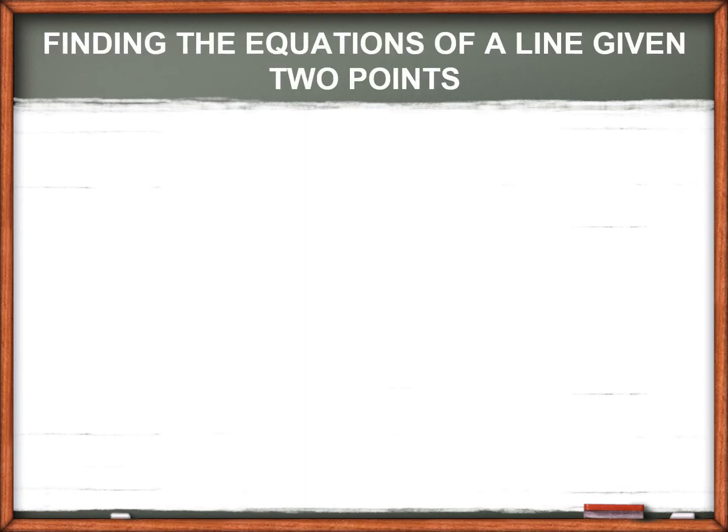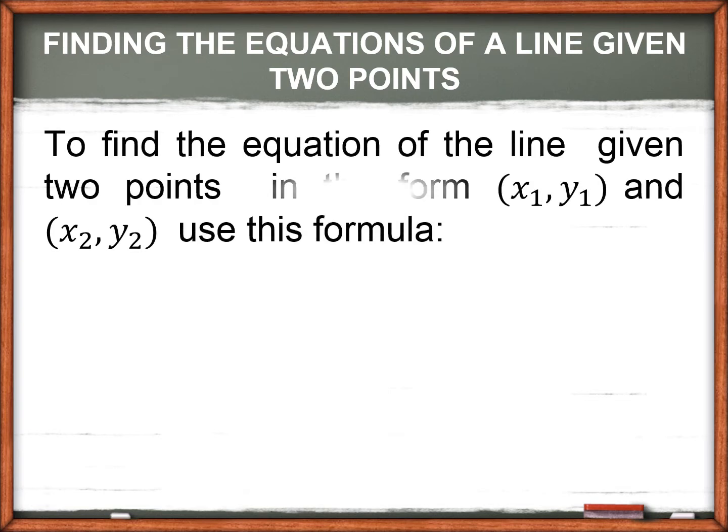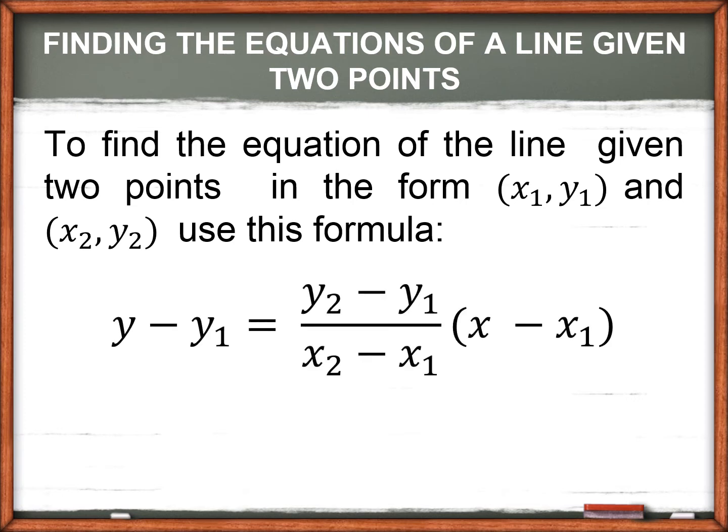The next part of our session is finding the equation of a line given 2 points. To find the equation of the line given 2 points in the form x sub 1, y sub 1, which is our first point, that's why it was termed x sub 1, y sub 1, and x sub 2, y sub 2, which is actually our second point, that is why it was denoted as x sub 2, y sub 2, we will use the formula y minus y sub 1 equals y sub 2 minus y sub 1 all over x sub 2 minus x sub 1 quantity x minus x sub 1.